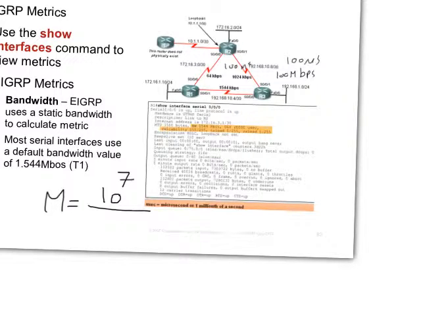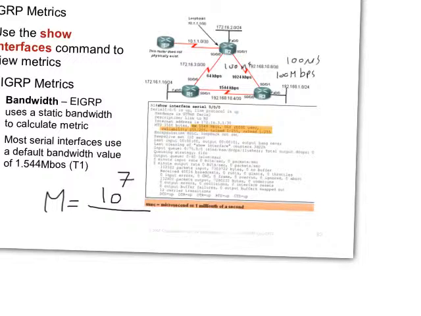It's as if you have a pipe from router 2 all the way to the destination network. I need to calculate the metric based on the minimum radius of the pipe, because this is my limitation. If you want to flow some water inside this pipe, your limit is the minimum radius of the pipe.